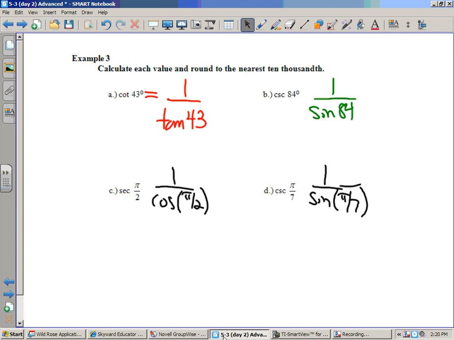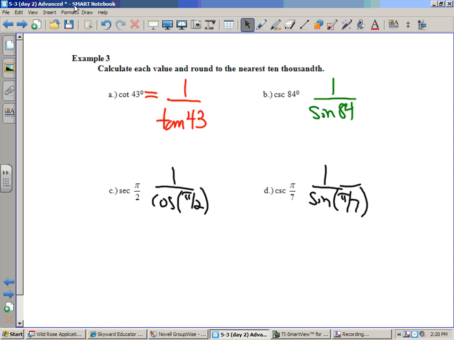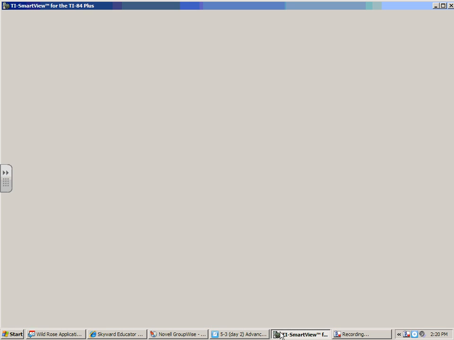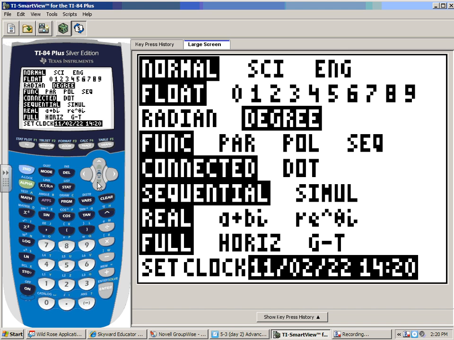So go ahead and type those in. Okay, so right here. But for C and D, you better be in radians if you're going to type it in like this. Do you? Well, let's find out what happens.